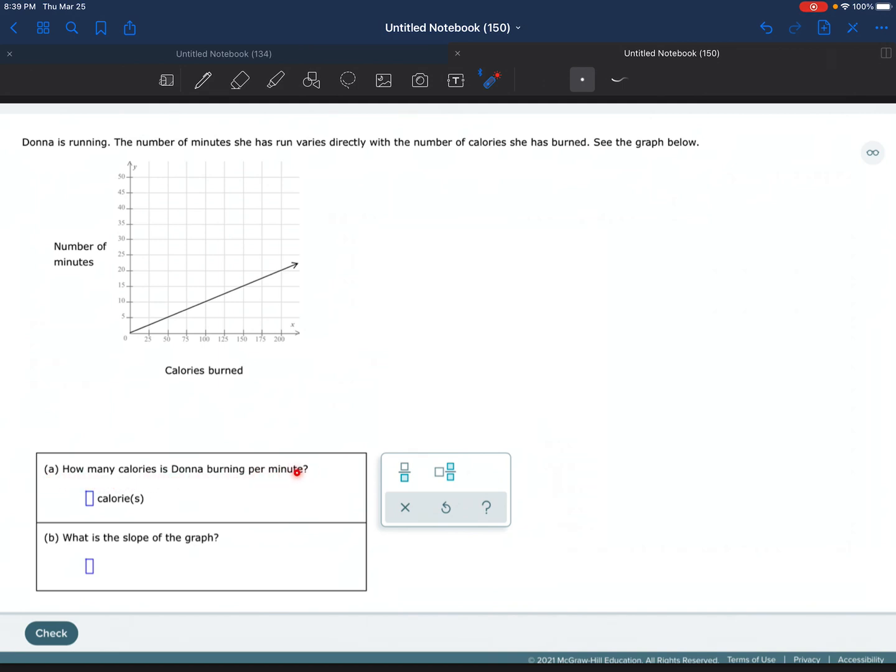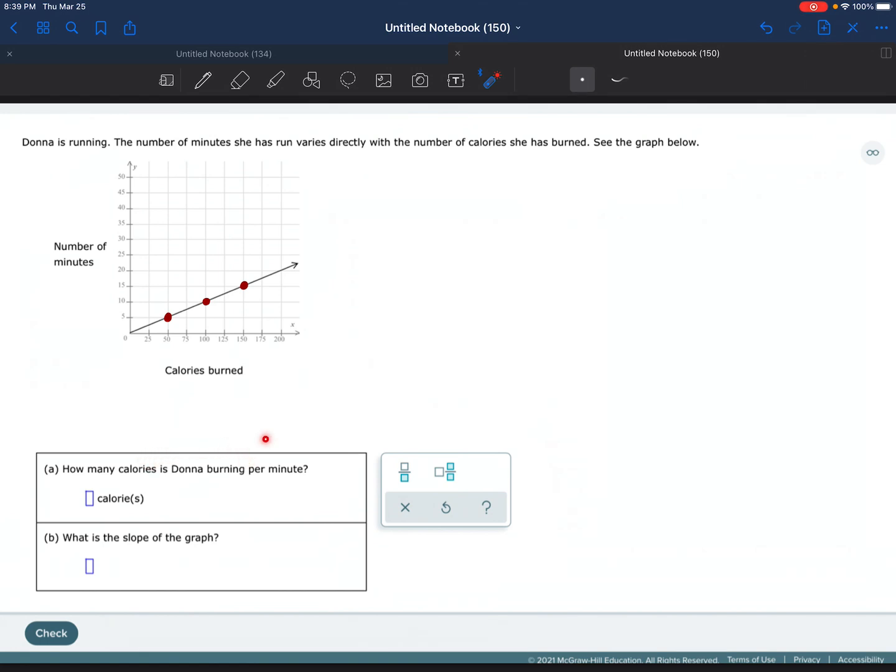Part A, how many calories is Donna burning per minute? If we look at the graph, some people wanted to say, well, it goes up by 5 and it goes up by 25. That doesn't always tell you anything. You've got to look at the line that is being graphed. So what I like to do is put points where it goes through an x and a y together. Let's look at this first point here.